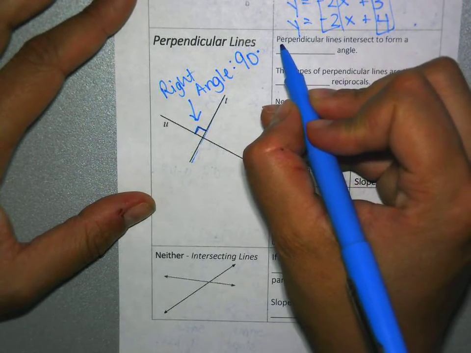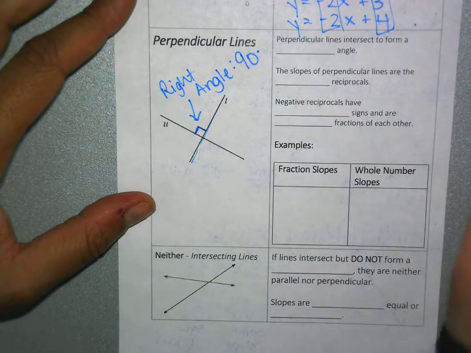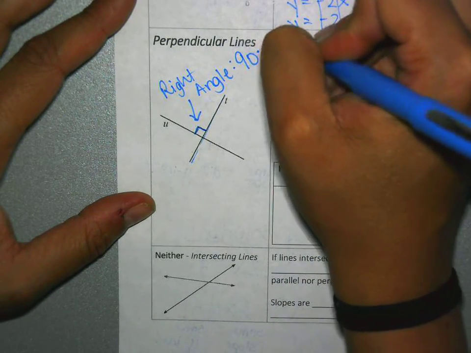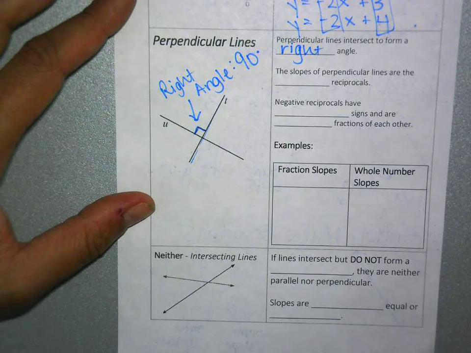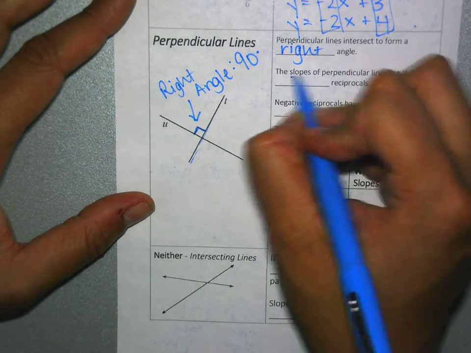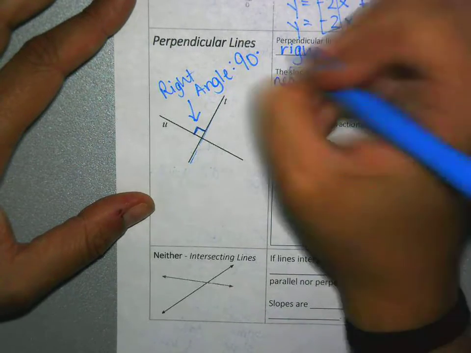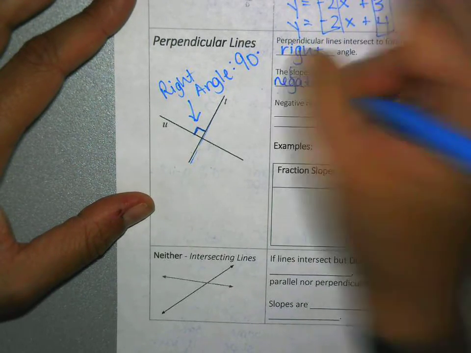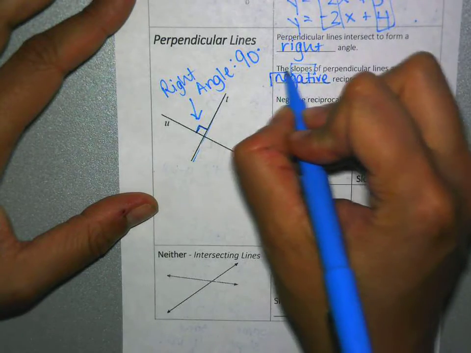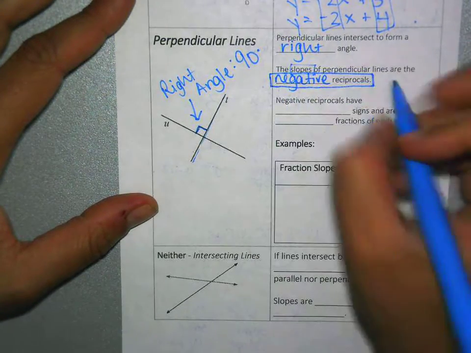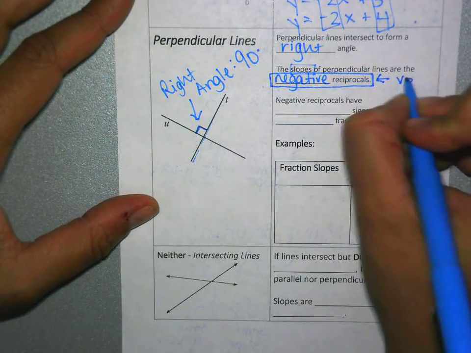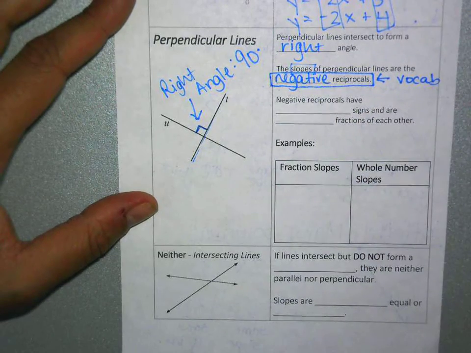So over on the right-hand side, we'll write this in: perpendicular lines intersect to form a right angle. And now the slopes of perpendicular lines are the negative reciprocals. This is the new big vocabulary word and concept that we're learning today, and I'm going to unpack it below.